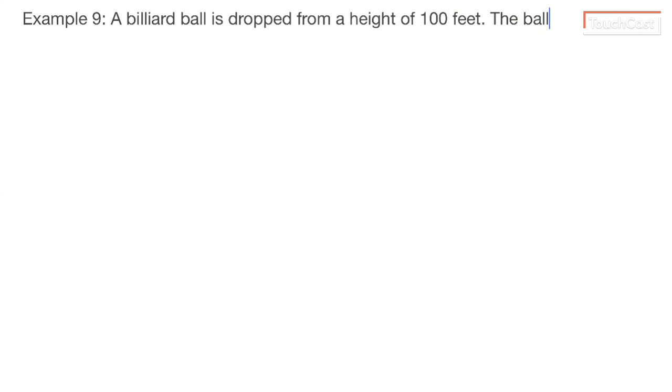The ball's height S at time t is the position function.